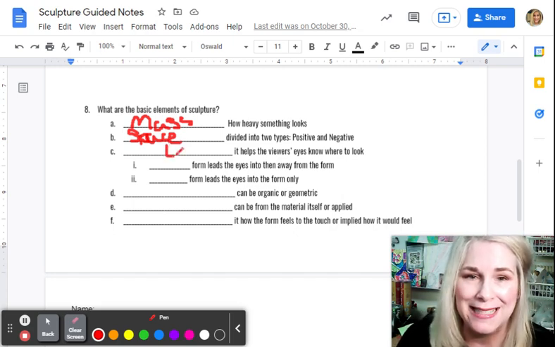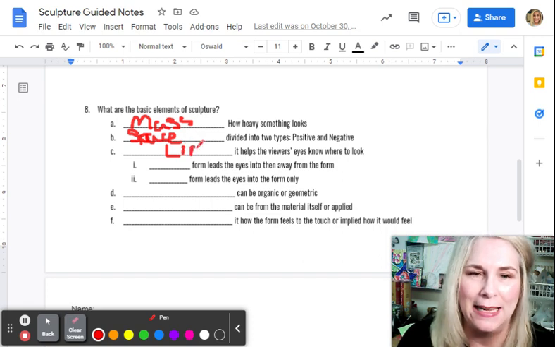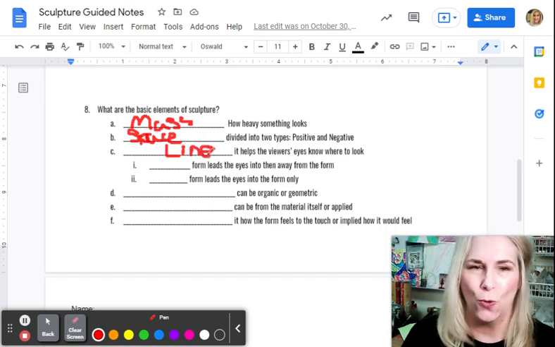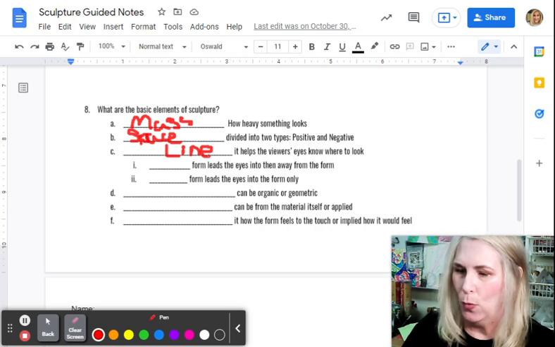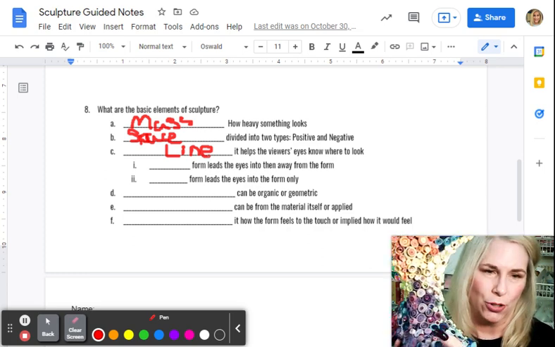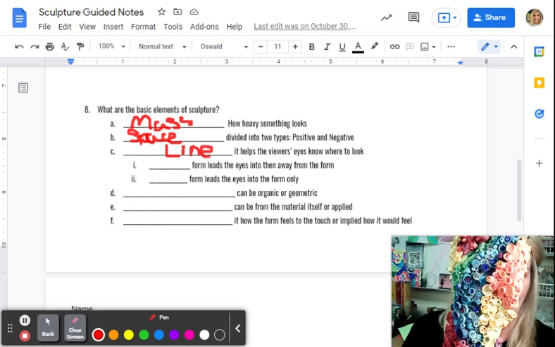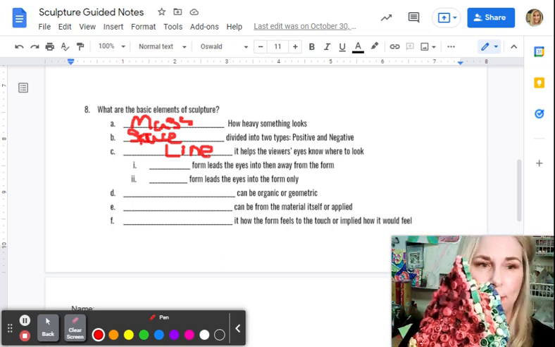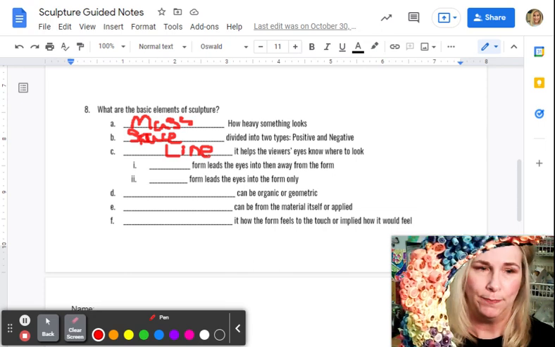All right. Next is line. And I love line in sculptures because it's so cool, because line is about where your eye is supposed to go in a sculpture. They craft it that way, but sometimes it just does it anyway. Like this one.